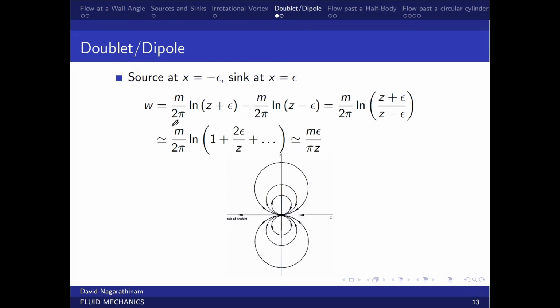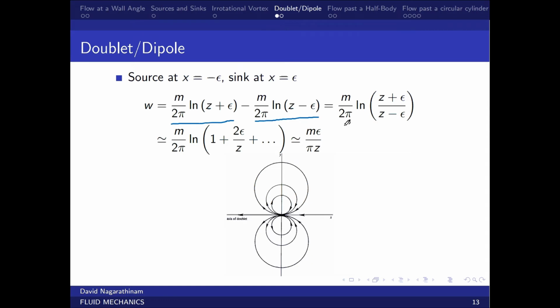Under such a scenario, a source which is placed at a distance epsilon from the origin can be represented by logarithm of z plus epsilon, whereas a sink which is positioned at x is equal to epsilon can be represented by this particular potential function.